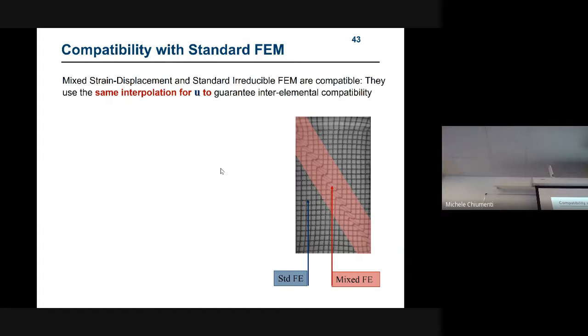So here you can use the U-based formulation, and according to an error estimator telling you where is the stress concentration, the strain localization, you can activate the degree of freedom of the epsilon. So you use the standard element here and the mixed one here.